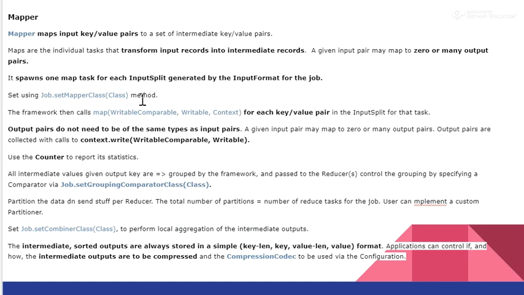So how you define it is you are gonna define it using the job.setMapperClass, where you can give the name of the mapper class. Each mapper will have an interface of the mapper interface, and inside that we have to define at least the map job, which contains three values.